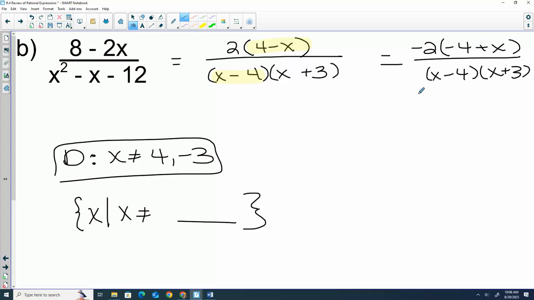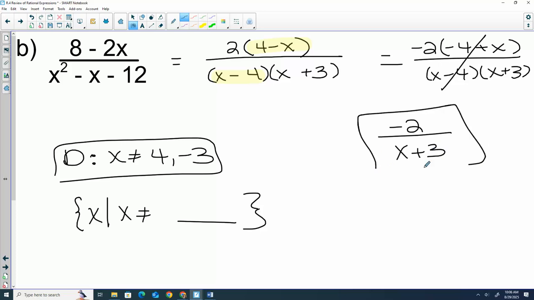Is -4 plus x the same thing as x minus 4? Yes. So now those things cancel. So my lowest form is -2 over x plus 3. That's how my fraction reduces. Domain, based off the original, is telling us what x cannot be.